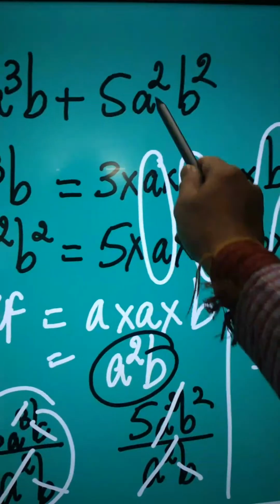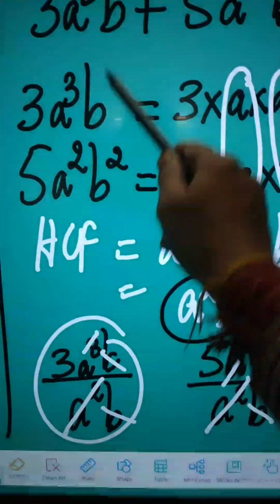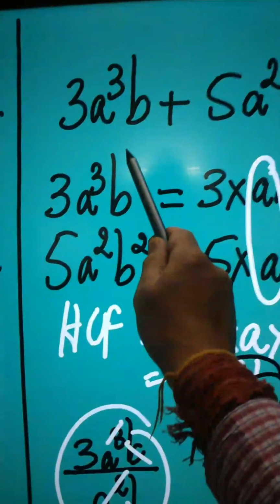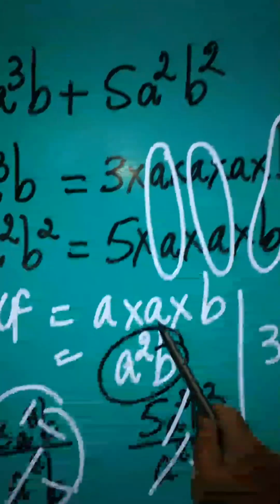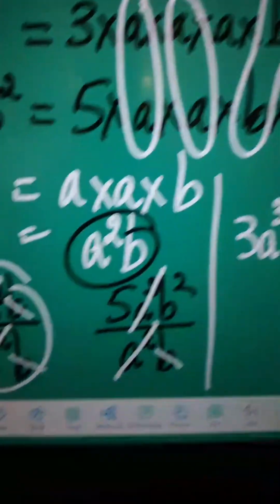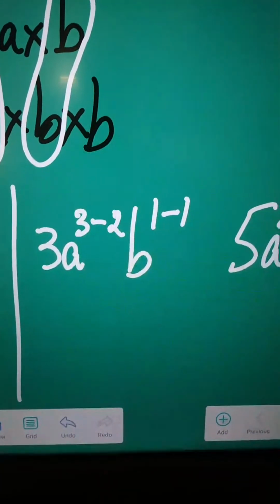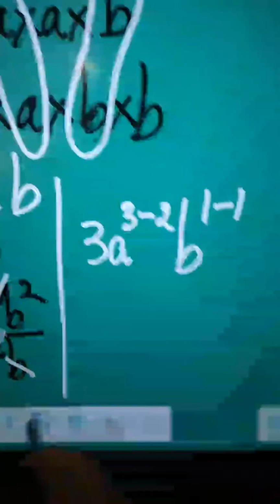Then the second expression is divided by the HCF. See this part which I am explaining now clearly. That division I have shown here, and how the division is done is explained here. So for 3a, why is it 3 minus 2?